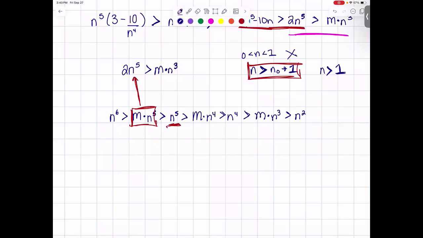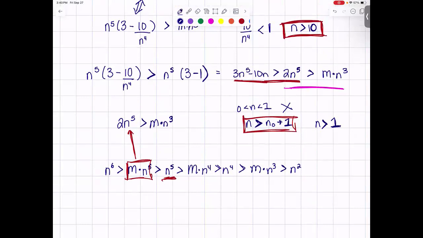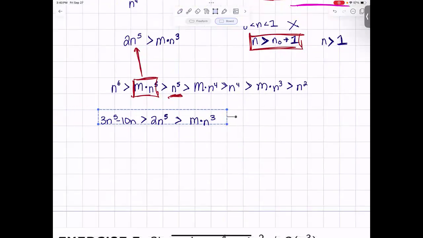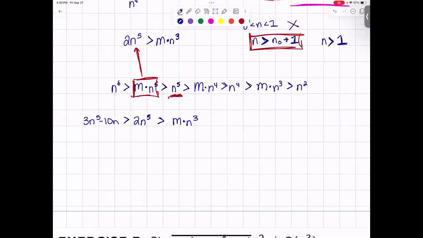So at least then we can say, I'm just going to grab our original statement right here with all of our extra pieces. We can then add in right here, 2 times n to the 5 is going to be greater than n to the 5, which I'm now going to compare to m times n to the 3.